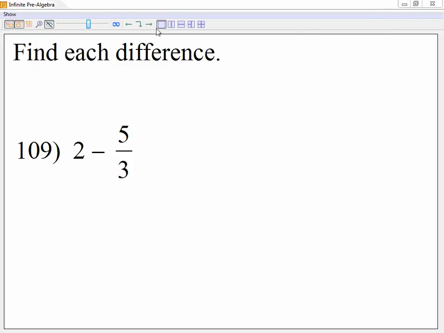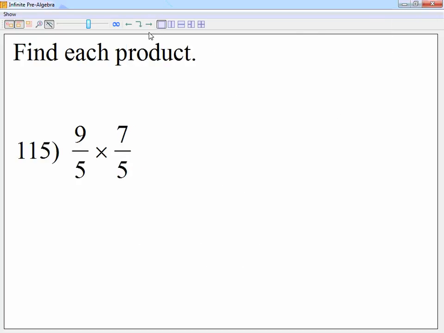Now for multiplication, looking at 115, we don't need a common denominator. We need those only for adding and subtracting. But for multiplying, we don't. In this case, we do have a common denominator, but we don't need it because I'm just going to multiply straight across. In my case, I get a 63 on top, right? 9 times 7.